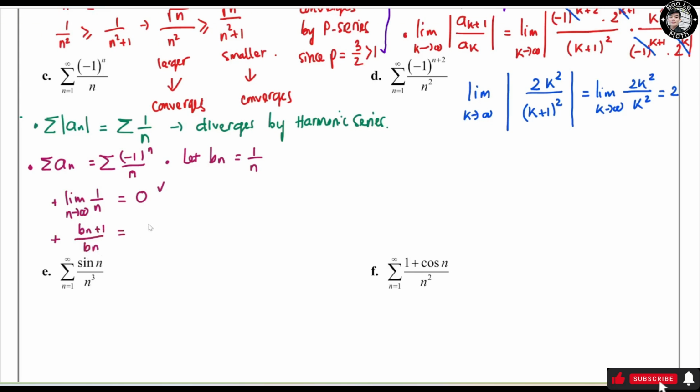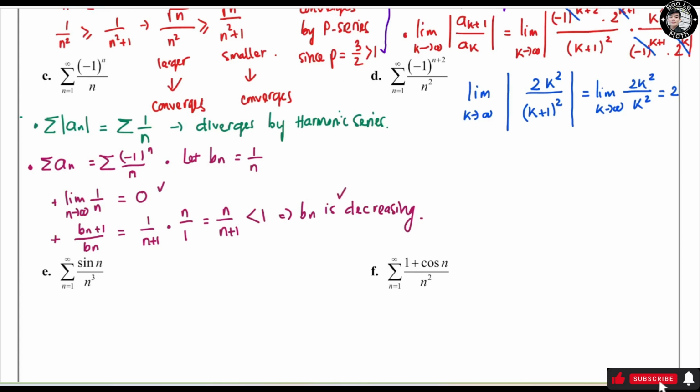It's going to be 1 over n plus 1 times this one's reciprocal. It's going to be n over 1, so it could be n over n plus 1. This guy is less than 1. It tells us that b sub n is decreasing. So the second condition is met.